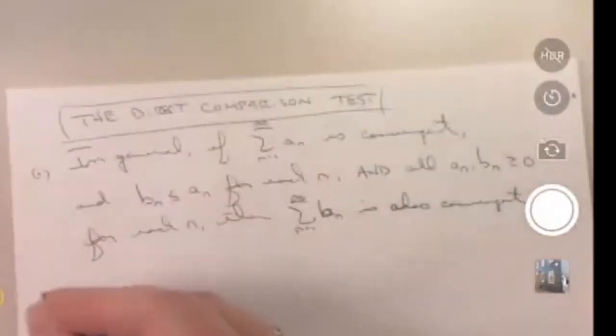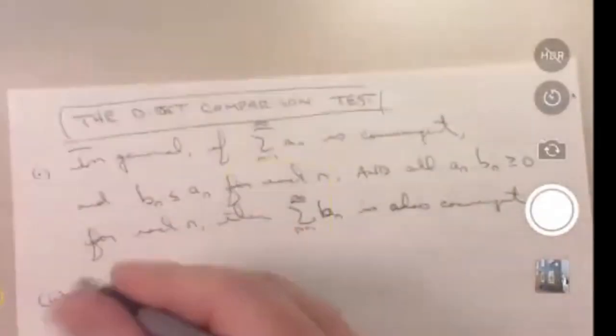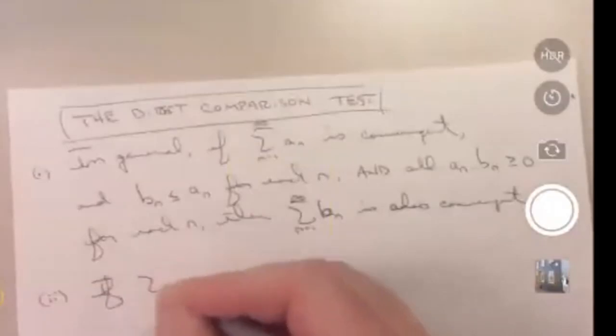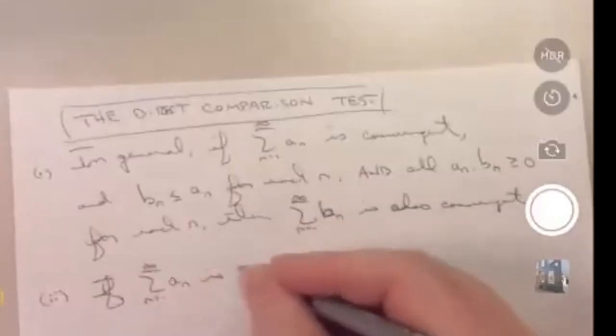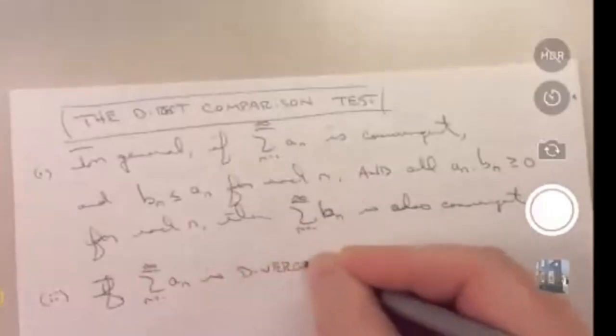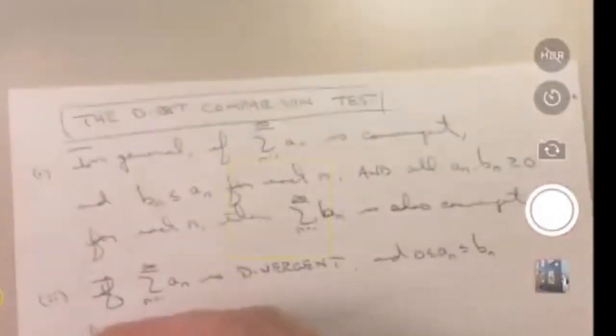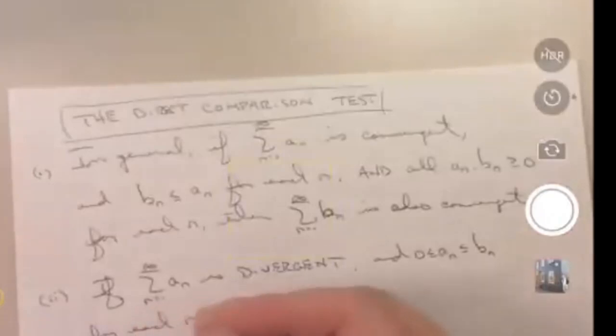Actually, this is part 1 of the direct comparison test. Part 2 is similar, and it says that if I know that my a_n series is divergent, and each of my a_n is less than or equal to my b_n, and again, I need all of these to be positive terms for each n, then, well, what do you think?